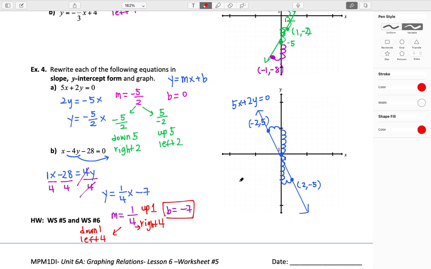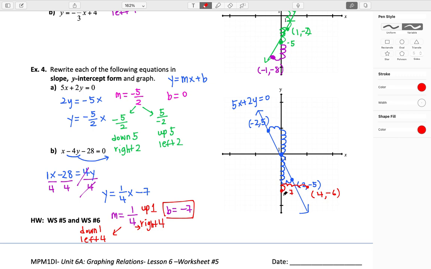My starting point is negative 7, so on the y-axis, this is my negative 7 here. And then from here, I could go up 1 and right 4. So 1, 2, 3, 4. So this point is going to be 4 comma negative 6.